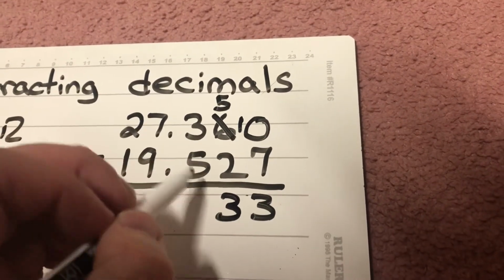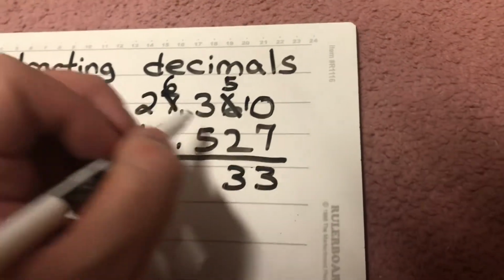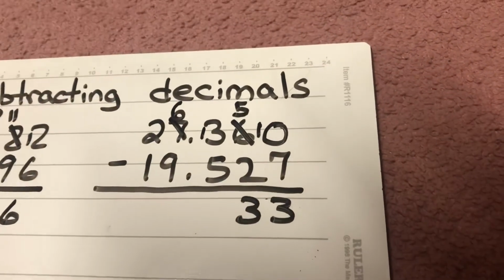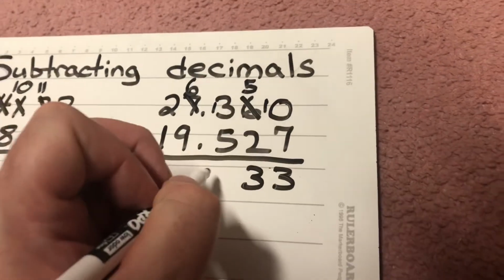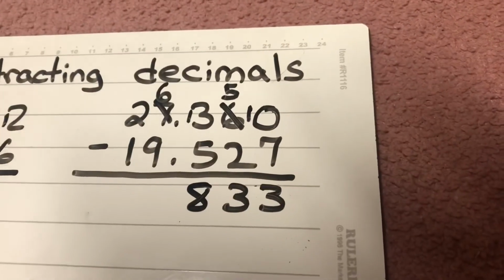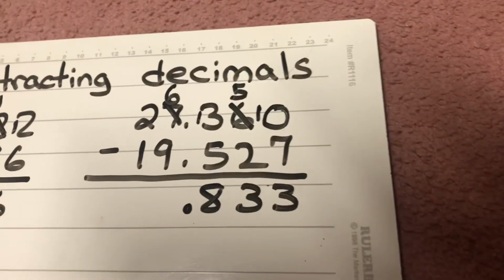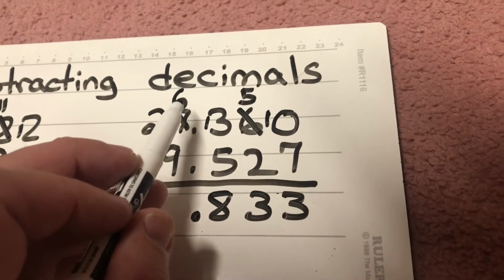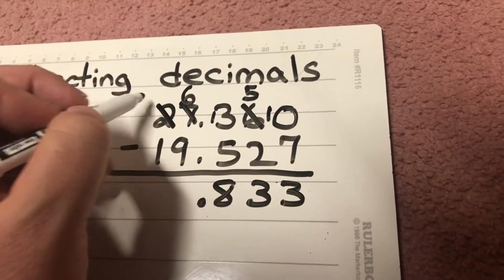I can't do 3 minus 5, so I'm going to borrow from the 7. I'm going to make it a 6. I'm going to make the 3 a 13, and then I'm going to do 13 minus 5. And 13 minus 5 is 8. Then I'm going to drop my decimal straight down, because as always, I don't want to forget to do that. I'm going to think, well, 6 minus 9. Well, I can't do 6 minus 9, so I'm going to borrow from the 2.